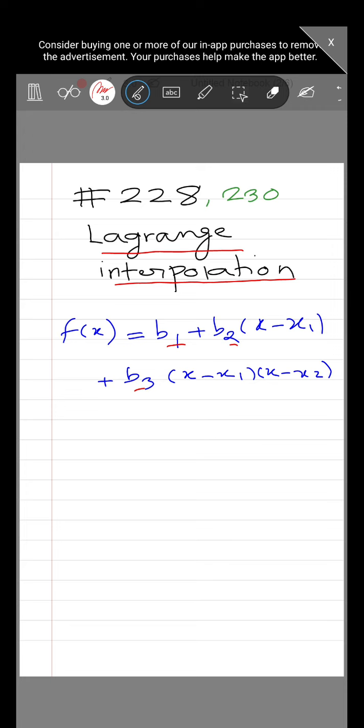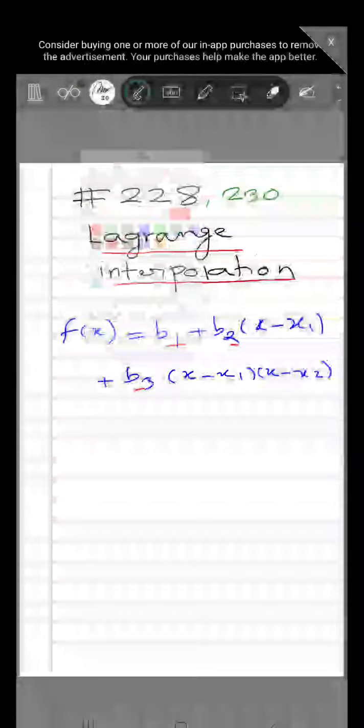Now, this polynomial equation can also be written in the following way.